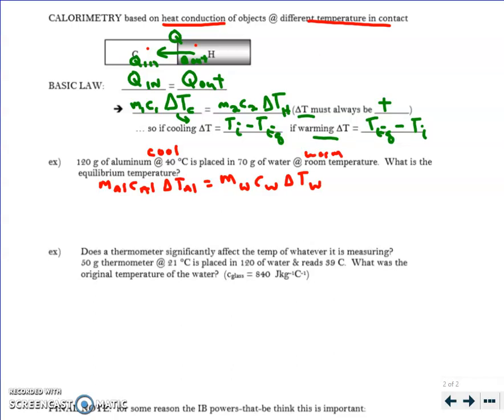Okay, so I'm going to factor out the MC for the aluminum. So I'm going to go M_Al, C_Al. And then for the delta T, I'm going to put the equilibrium temperature, that's what I'm solving for, minus the initial temperature, because the aluminum is going to cool down.